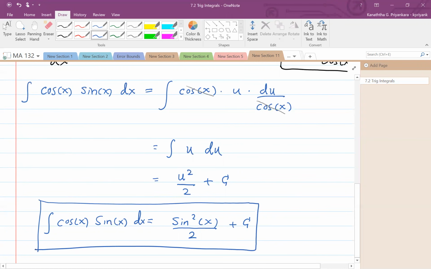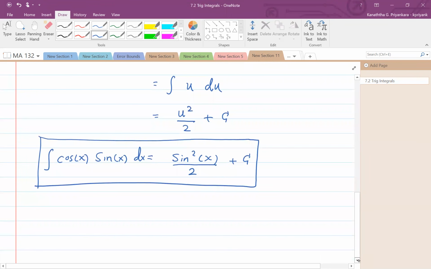So that's how we use the u substitution method to evaluate these kinds of integrals. Now the problem is, these two are from calculus 1. In this new chapter we want to integrate the following integrals.